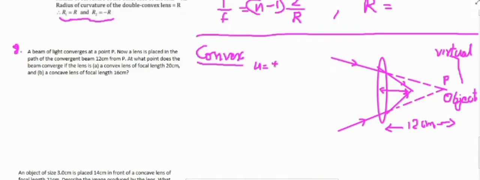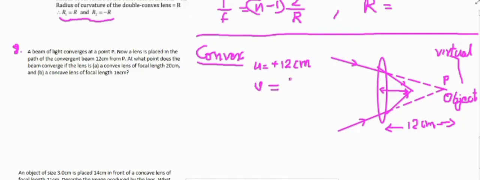But in the case of converging beam and virtual object, unlike all other cases, u should be positive. Especially you have to note u is positive, and v you need to find out.